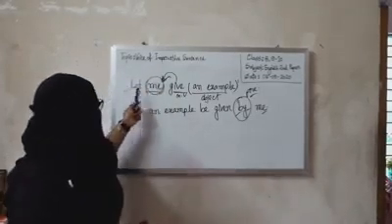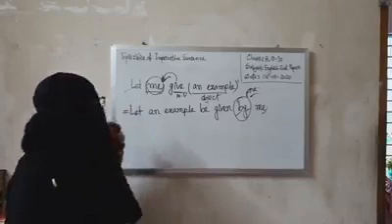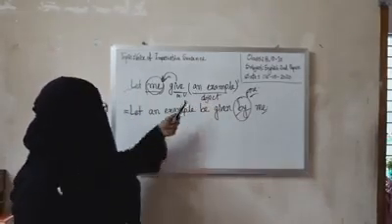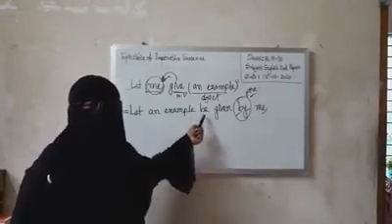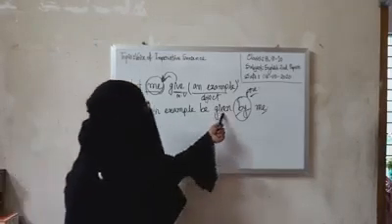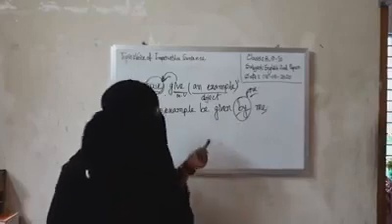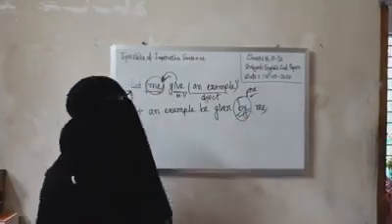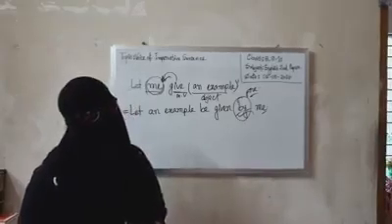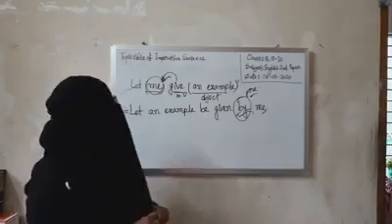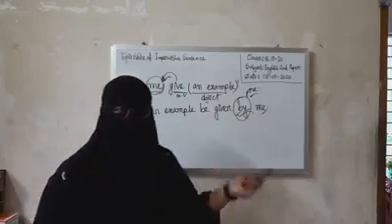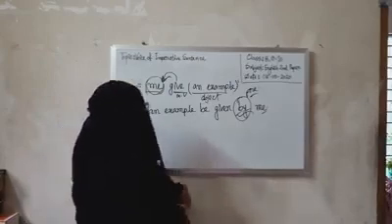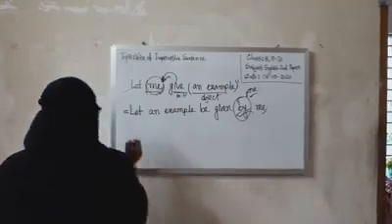So there is let; we have to use let first, then the object of the sentence, an example, then be as a rule, and then the past participle form of the main verb, and then we have to use by as a preposition, then the personal object. Please notice that sentence very carefully. I am also giving another example.